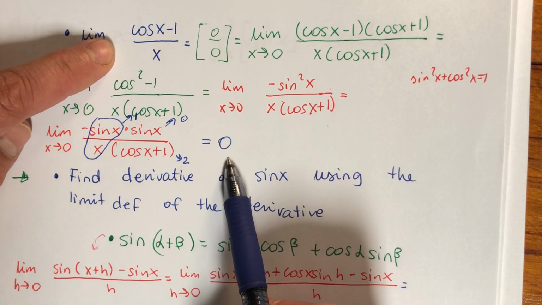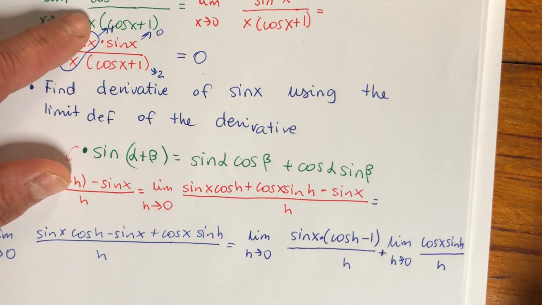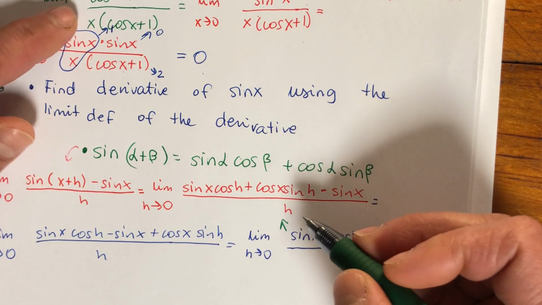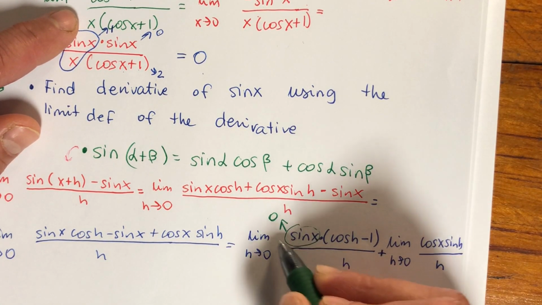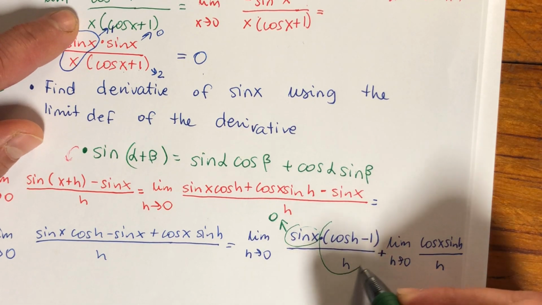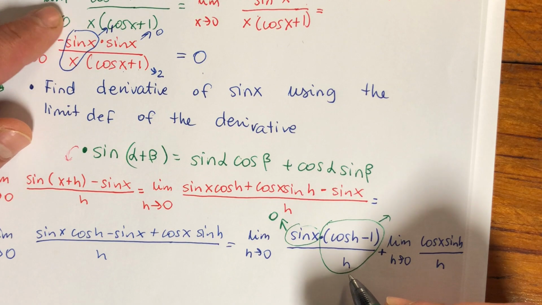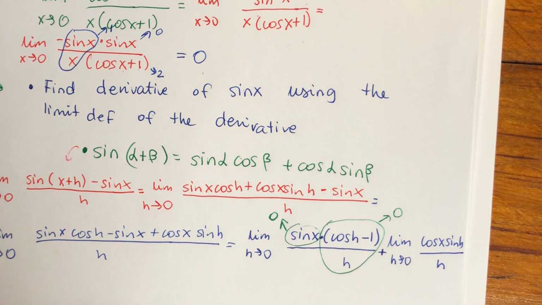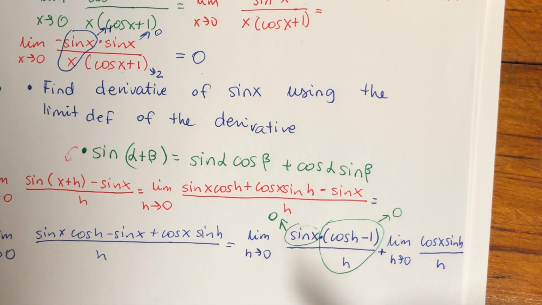We showed this, so this was our proof. So what I want you to see from this expression is that cosine of h minus 1 over h is approaching 0, and that's fine, because that's our value. With the sine of x as the entire expression, we are not dividing by 0, so we are not doing anything illegal. This entire limit is going to go towards 0.